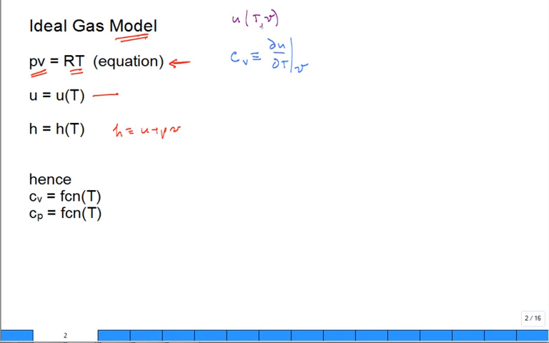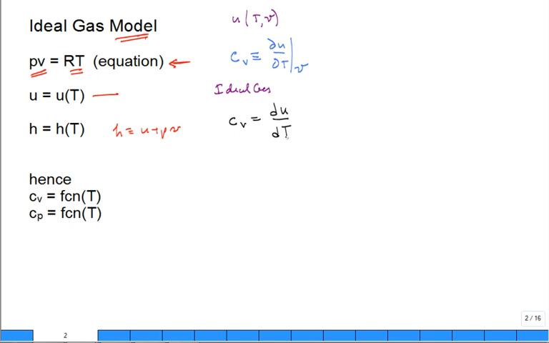So you think of most of these properties as being a function of two other properties. But when U is a function of T only, for an ideal gas, what do we know about this partial derivative? Can it be turned into an ordinary derivative if U is a function of temperature only?